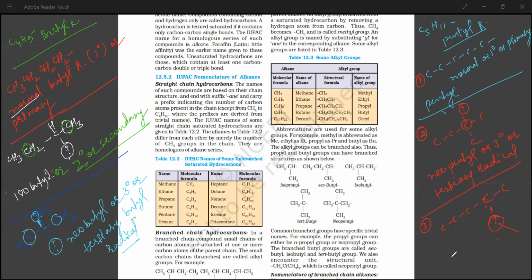So this will be isopentyl or 2 degree, sorry, or 2 degree or secondary. So like this, you can write this all here.